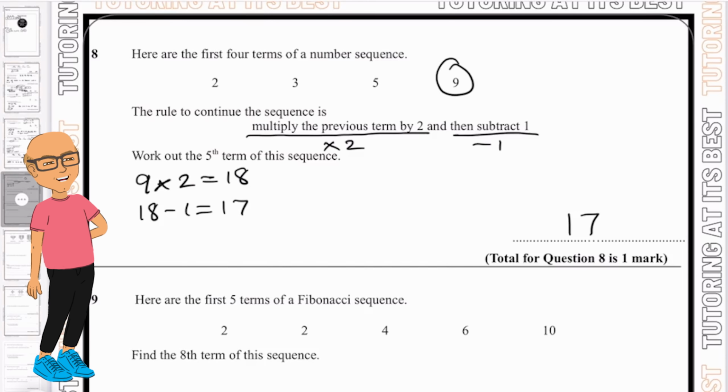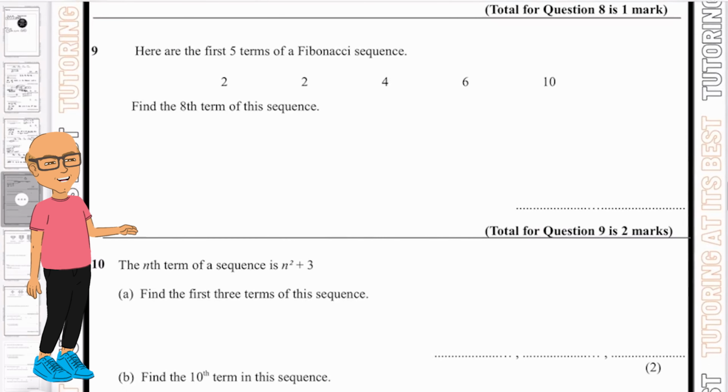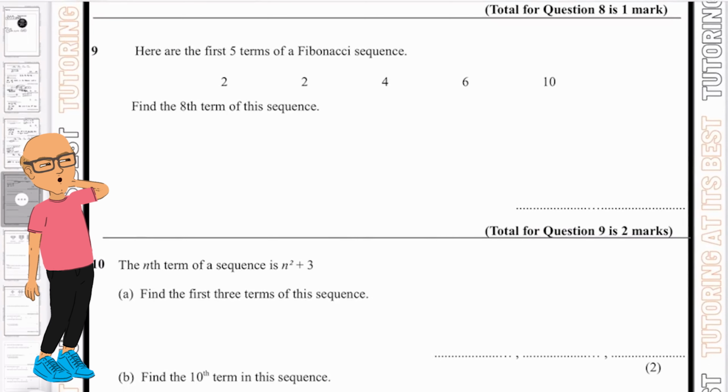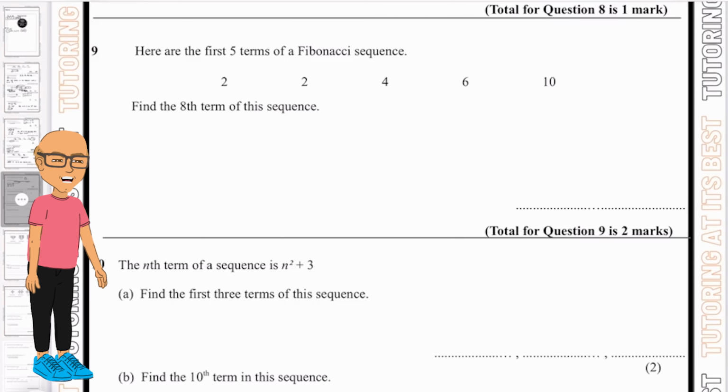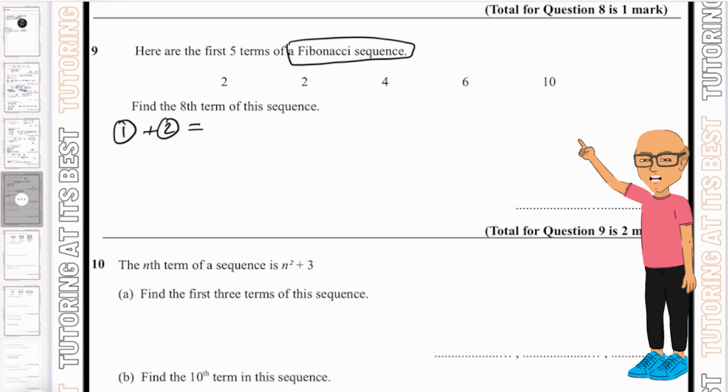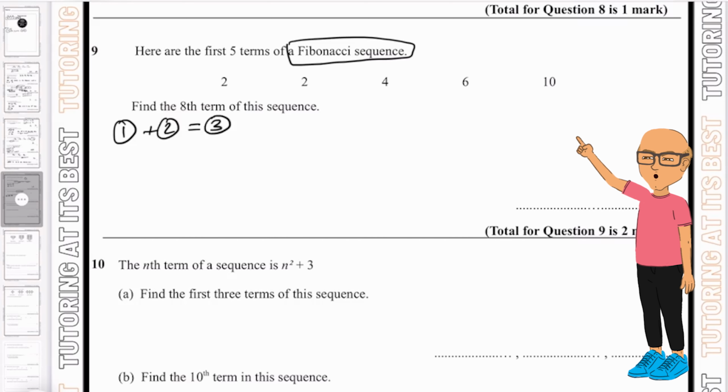Marvellous. Question 9. So we've got 5 terms of a Fibonacci sequence. And we need to find the 8th term of this sequence. So we've got the first 5 terms. And we know in order to work out a Fibonacci sequence, we add the first number and the second number to get our third number. So again, 2 plus 2 gives us 4.